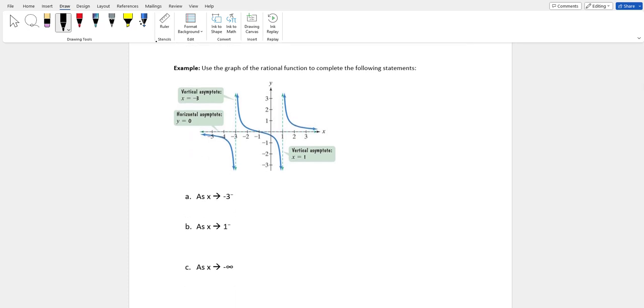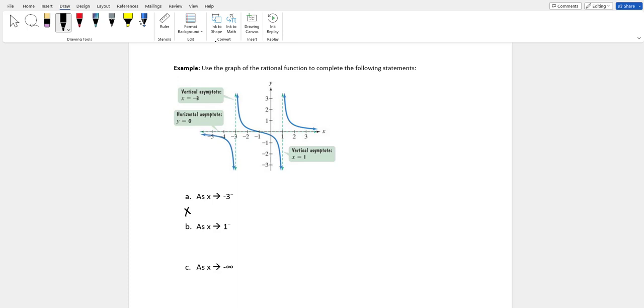So we're going to use this graph. As you can see, we have vertical asymptotes here, and we have a horizontal asymptote. We have a vertical asymptote at x is equal to negative 3 as well as x is equal to 1. And then your horizontal asymptote is your x-axis, which is the same as y is equal to 0. So if you look at this first one, we have x approaching negative 3 from the left.